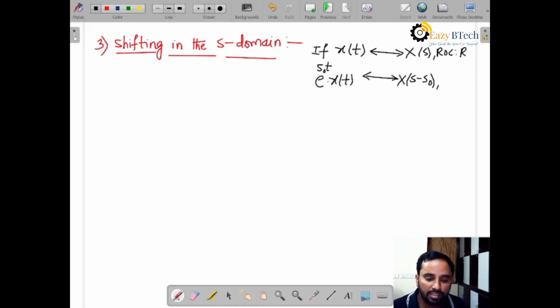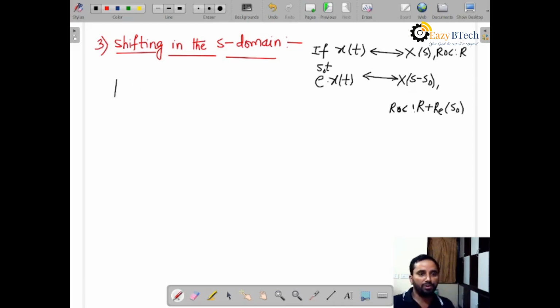And the ROC is R plus real part of s naught. So e power s naught t into x of t, this ROC is R plus real part of s naught. So let's see the proof now.